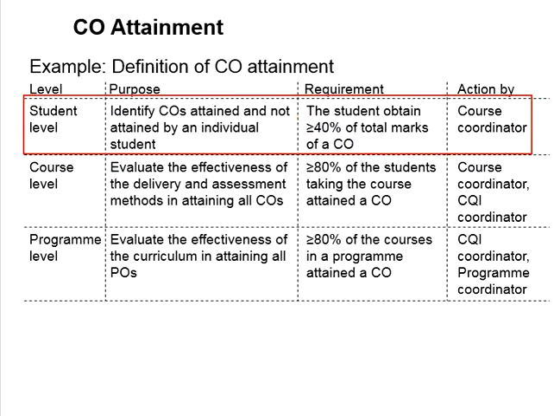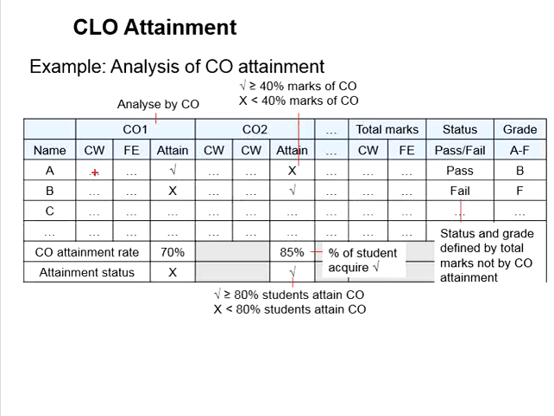In this case, we will need 40% out of the total marks of that particular CO. So, whichever marks are allocated for the coursework and the final examinations for CO1, if the student manages to acquire at least 40% out of that particular CO's marks, the student is considered attaining that particular CO. Now, if the student does not fulfill the requirement, that particular CO is not attained. This helps us to identify the attainment status of the COs for the individual students.